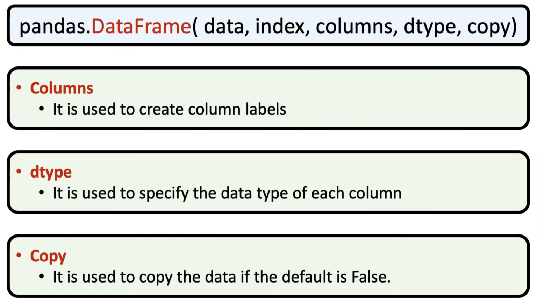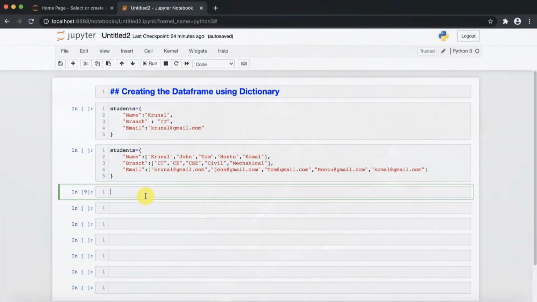Now there are many ways to create data frames, and we will see one by one how you can create a particular data frame. First of all, we start with the dictionary. As we know, a dictionary is a key value pair. So now we start with creating a data frame using a dictionary.